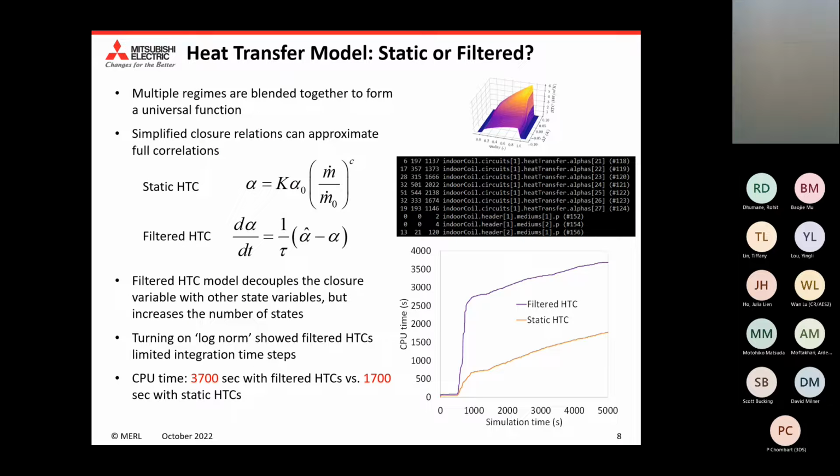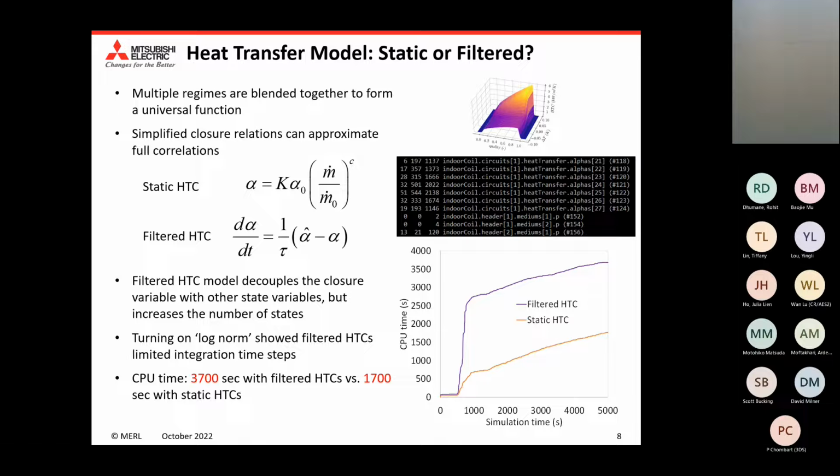Another thing is how to calculate the heat transfer coefficient, because for the refrigerant system simulation, you have to calculate the heat transfer between the refrigerant and the wall and everything else. Typically the heat transfer coefficient is very complicated because it depends on the regime and on the flow conditions.